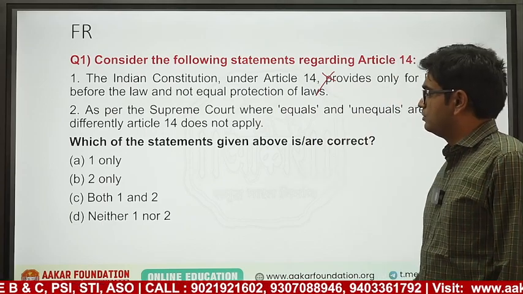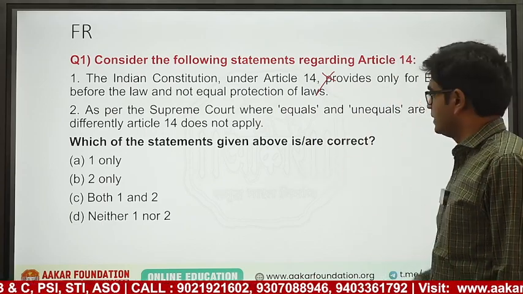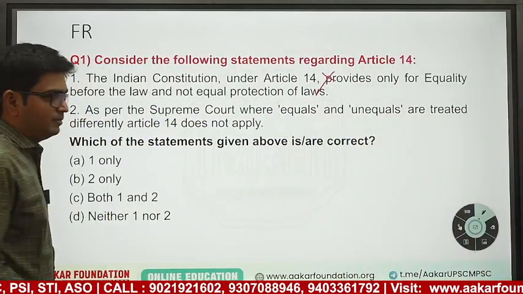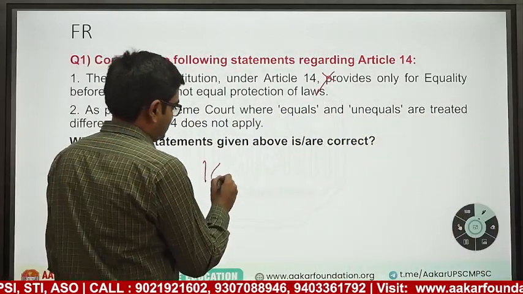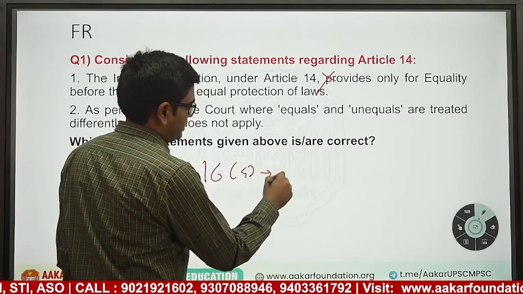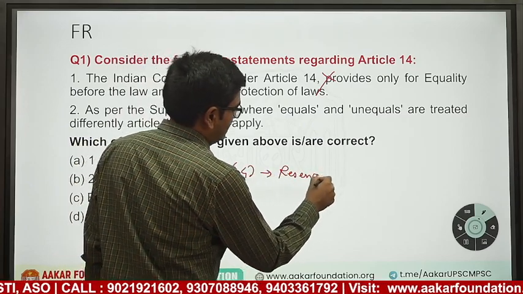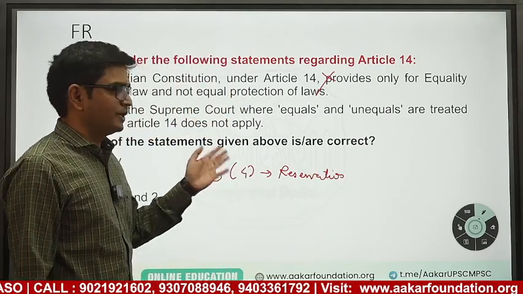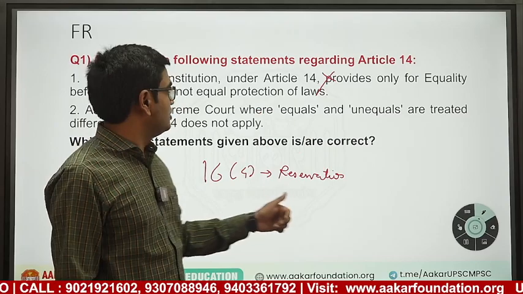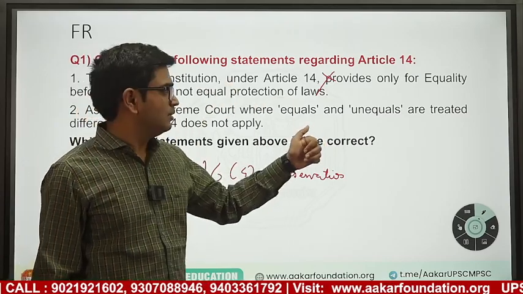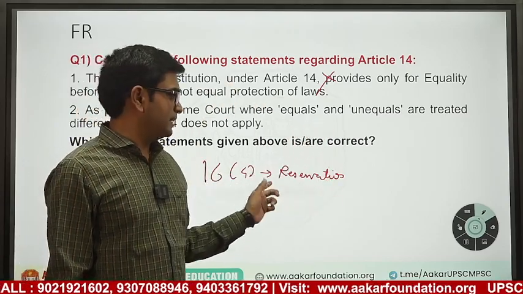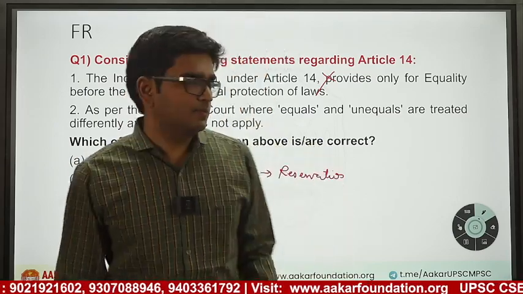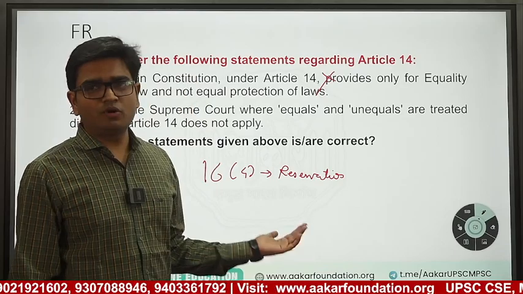As per the Supreme Court, where equals and unequals are treated differently, Article 14 does not apply. For example, Article 16(4), which talks about reservation for a particular category. You could say that reservation is violative of Article 14, equality before law. But the problem is that reservation is a positive step for historical wrongs to certain communities.